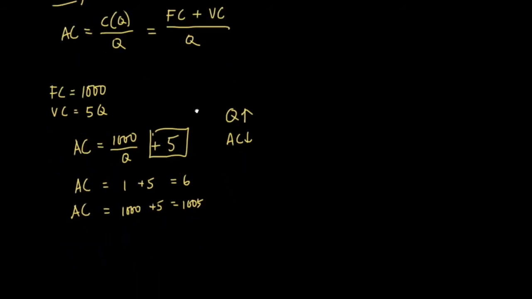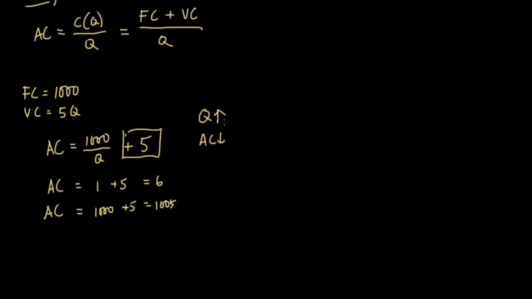Let's say that the market demand, QD, is equal to 500. And let's say that for some reason this firm is a monopolist, and it would produce the maximum quantity that it can to satisfy this entire market, which is 500 units. So despite being a monopolist, it would produce 500 units of output.